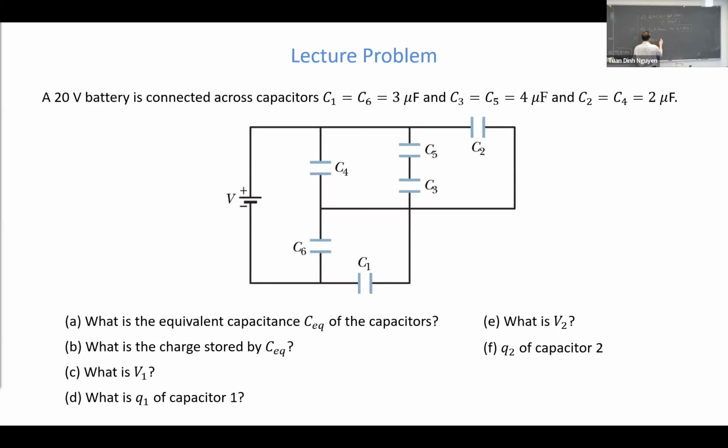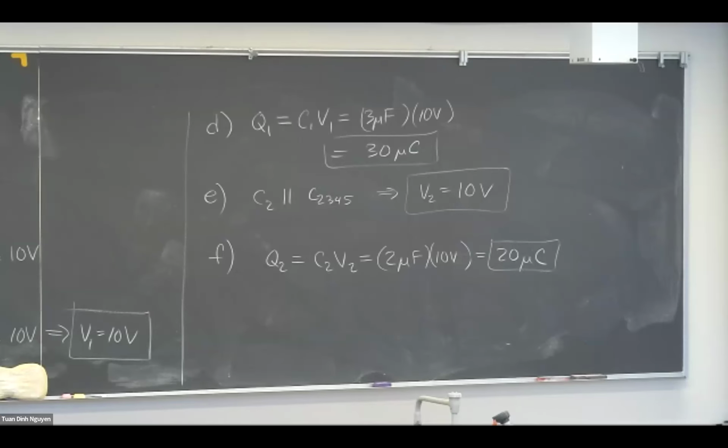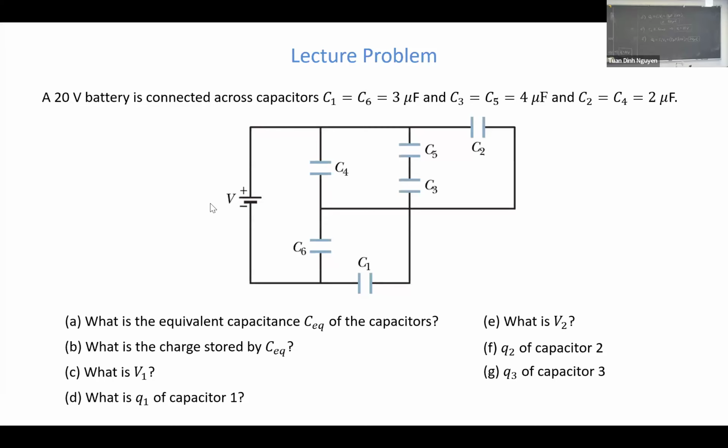Q2 is just C2 times V2, 2 microfarads times 10 volts, 20 microcoulombs. Next is Q3.